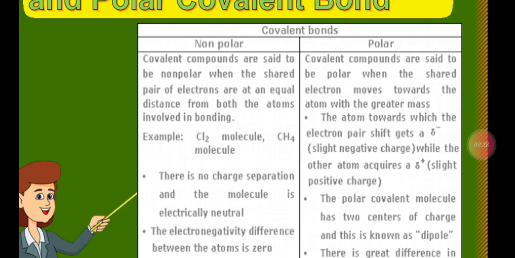Whereas on the other hand, if a covalent bond is formed between two different atoms with some electronegativity difference, then the one which is more electronegative will become partial negative, whereas the one which is less electronegative will become partial positive.